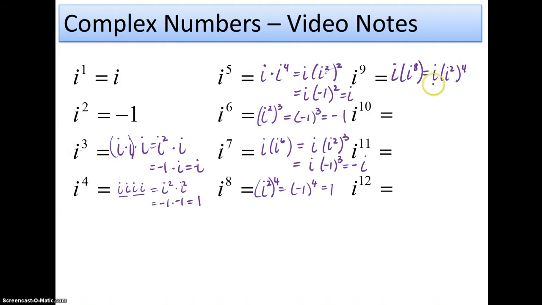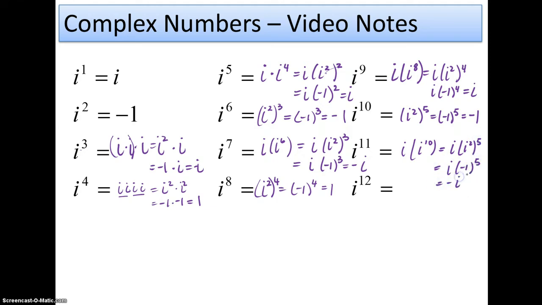So negative 1 to the 4th power is a positive number, so I get i. i to the 10th. i squared to the 5th, or negative 1 to the 5th gives me negative 1. i to the 11th. i times i to the 10th, or i times i squared to the 5th, which is i times negative 1 to the 5th, or negative i.